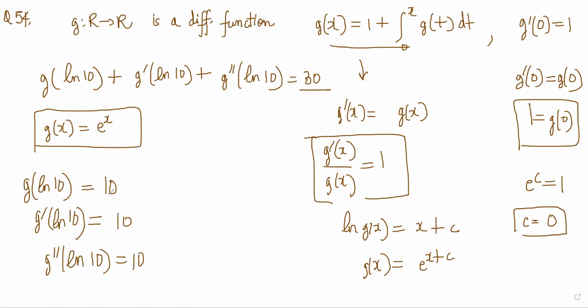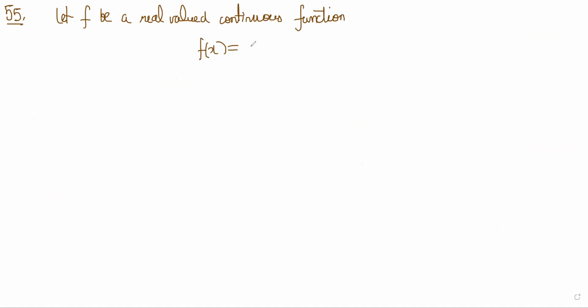Correct. So in this question, we look at a specific type of question where there are multiple variables. And let's see how we analyze that. So let f be a real valued continuous function such that it satisfies f of x is equal to x square plus integral from minus 1 to 1 of x plus y f of y dy.